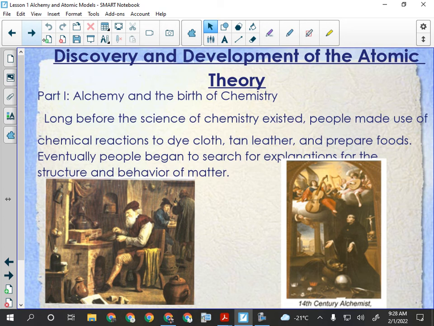They used it to dye cloth, tan leather, prepare and store foods, things like that. Has anyone ever made beef jerky, for example? Yeah. So when you're making jerky or any other dried meat, the whole idea is that you put a whole bunch of salt on it. Salt is going to restrict or limit the amount of mold and bacteria that would otherwise grow on something organic, like meat.